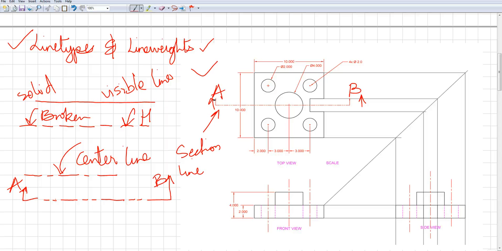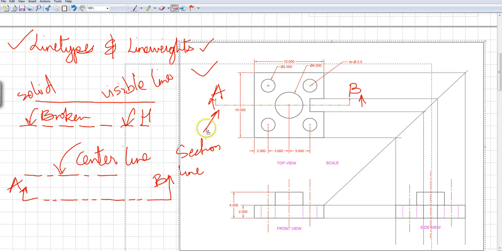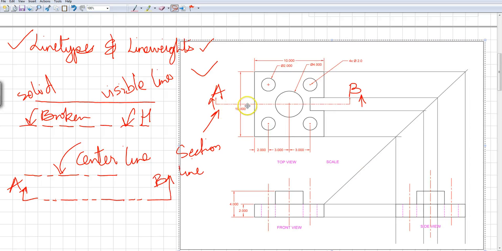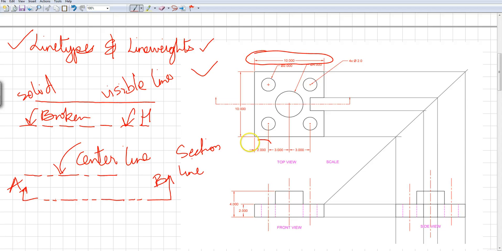Now there are some more different types of lines that you see. The next one would be a dimension line, which is this. These are dimension lines.